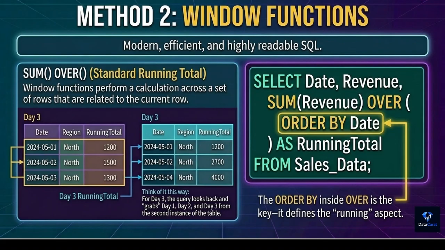It scans the entire data at once and adds the current revenue to the previous sum it already has in its memory. The order by date inside the over clause is what creates the running effect. It tells the SQL query in which direction we need to accumulate the data.